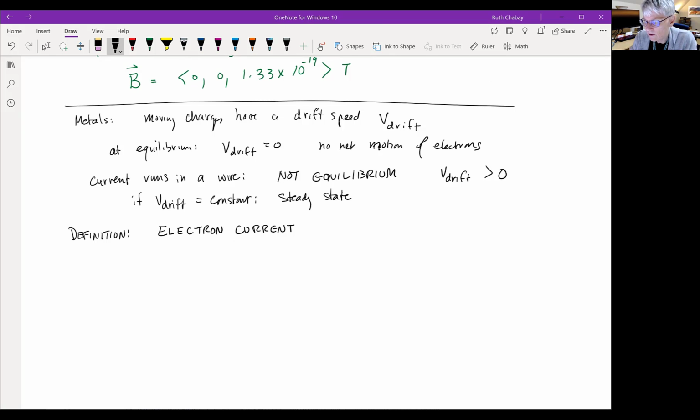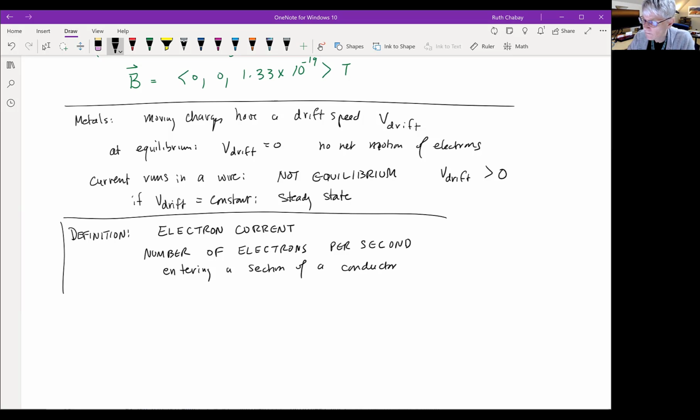It is the number of electrons per second entering a section of a conductor. So its units are going to be electrons per second.